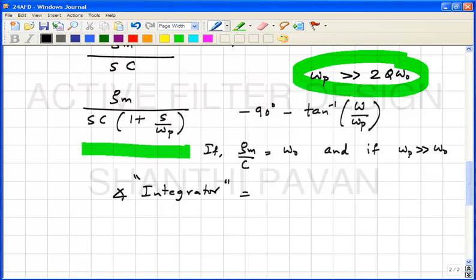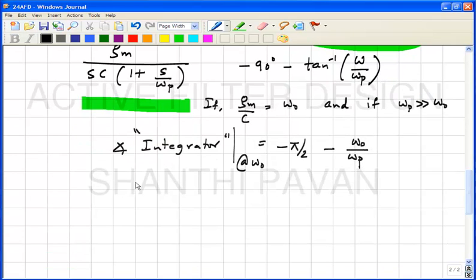The angle of the integrator at omega naught is minus pi by 2 minus omega naught by omega p. And what is omega naught roughly?